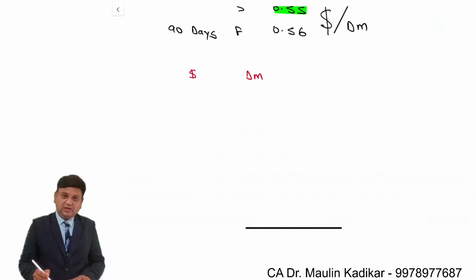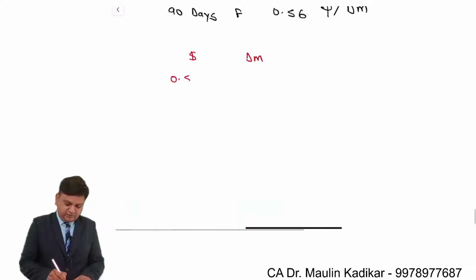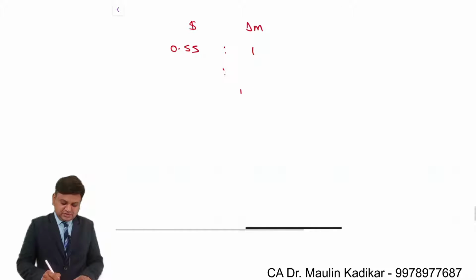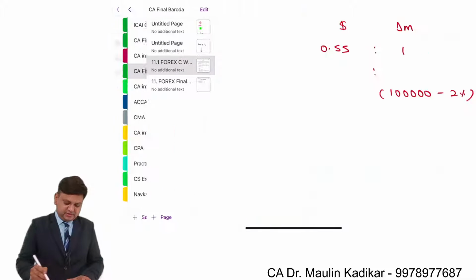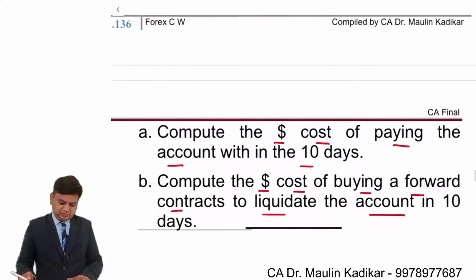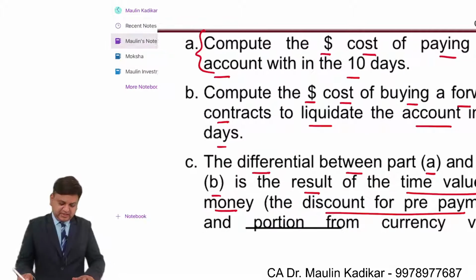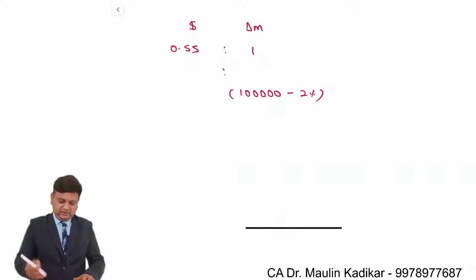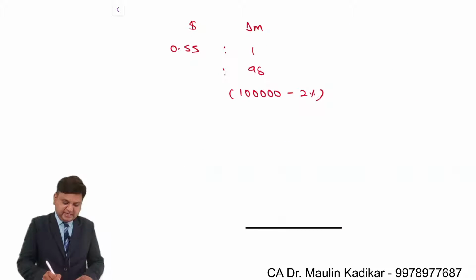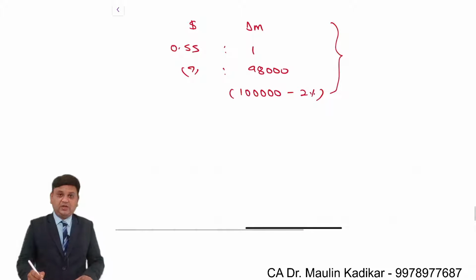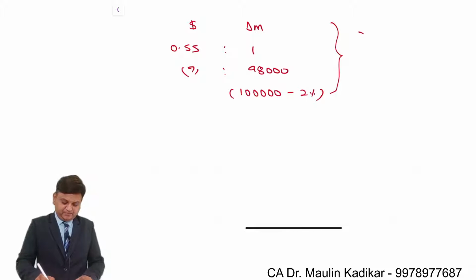So, Dutch mark and dollar: $0.55 is equal to 1 Dutch mark. The amount of the consideration is 1 lakh. However, if you make payment within 10 days, that is the first question also: compute the dollar cost of paying the account within 10 days. Let me explain first of all. You have to pay 98,000 Dutch mark, and this is the amount of dollar that you have to convert.